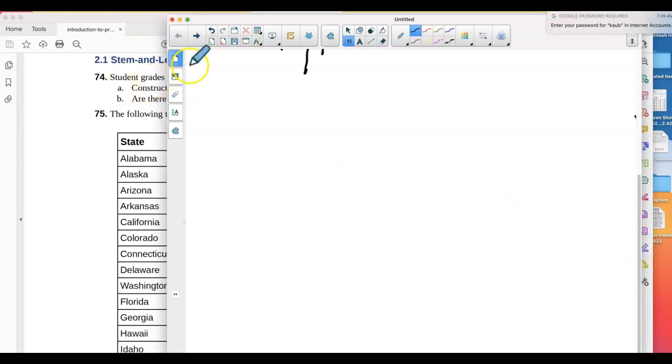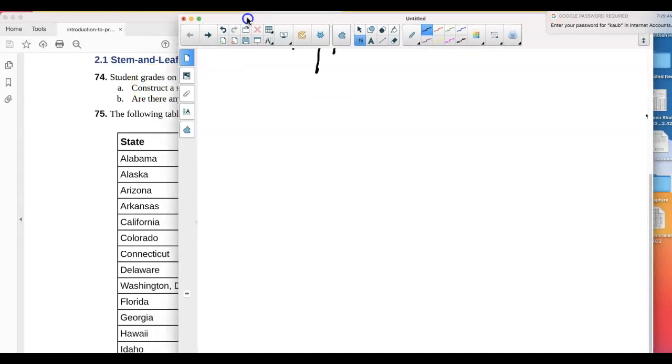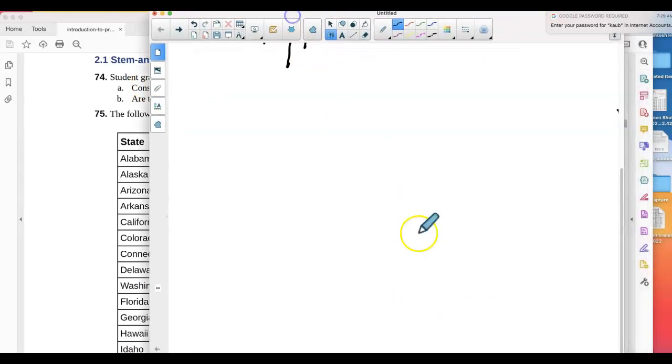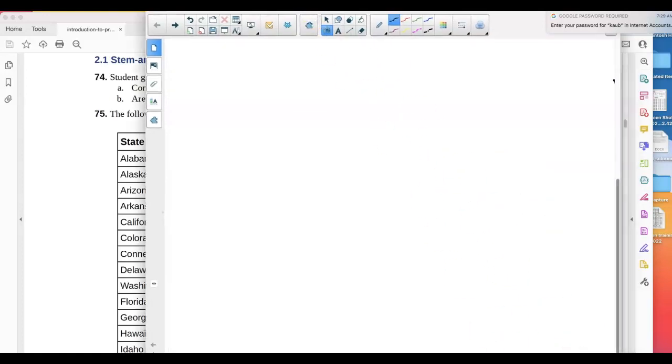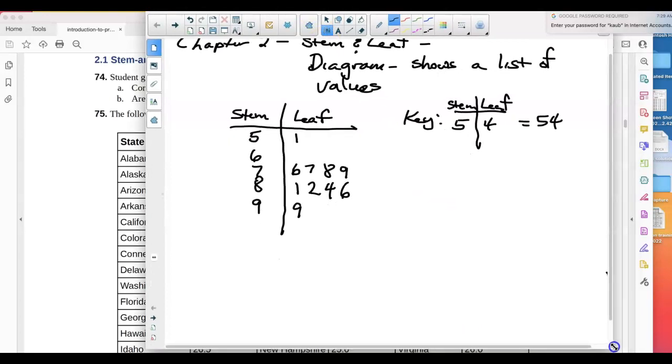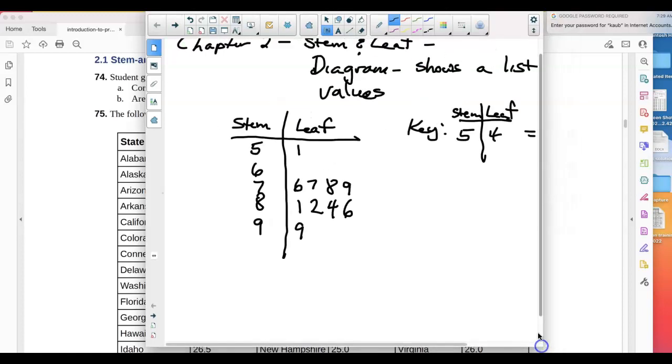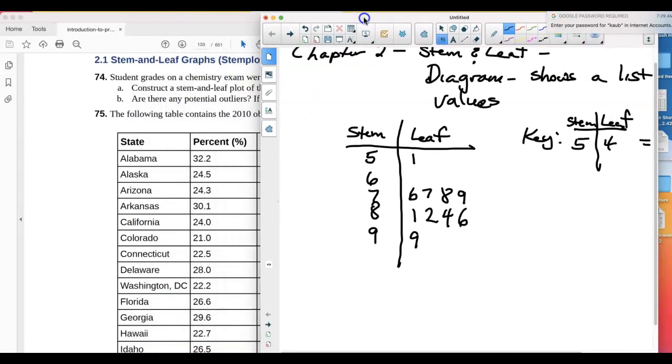In 75, there was a list of states. Let's make this smaller so I can take a look at it all at the same time. Okay, here we are. We're going to move this over so we can just see the first column.